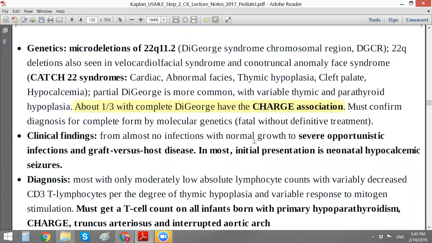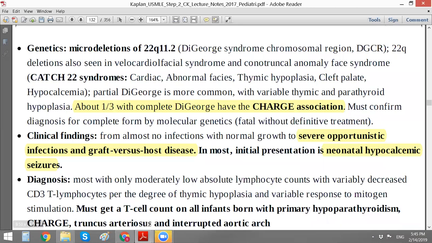Clinical findings are severe opportunistic infections and graft versus host disease. The thymus is low, so T cells are low. Neonatal hypocalcemic seizures, and a moderately low absolute lymphocyte count with variability per degree. We must get a T cell count on all infants born with primary hypoparathyroidism.